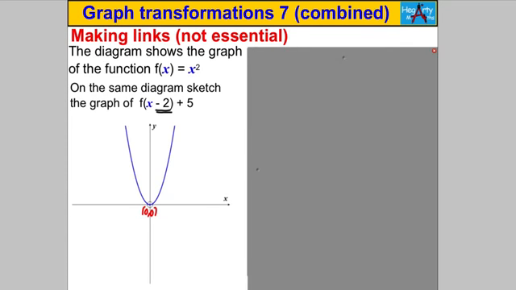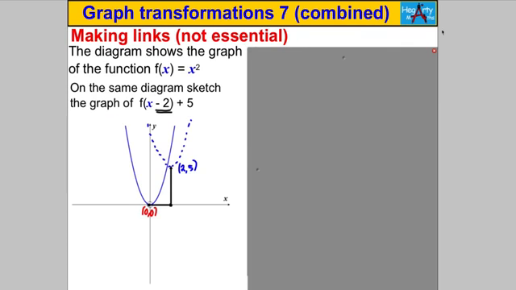That's going to move to the right by 2 units. And the add 5 here is going to move the whole graph up by 5 units, up to somewhere like here. And that's going to give us the coordinate there, 2, 5 for this point, and we would have something that looks like this.